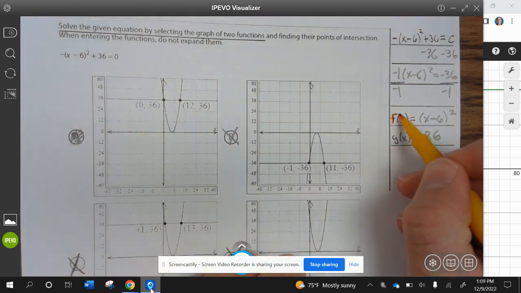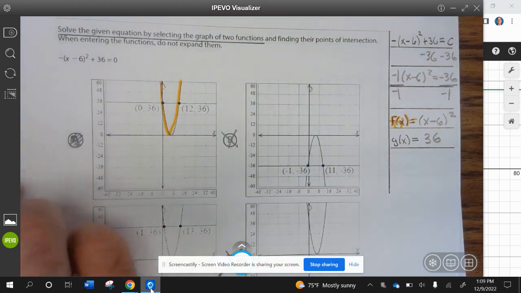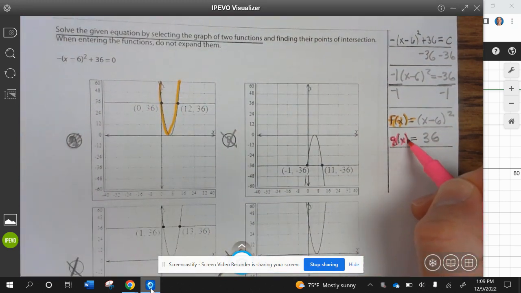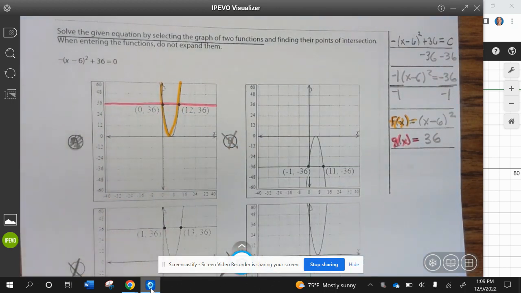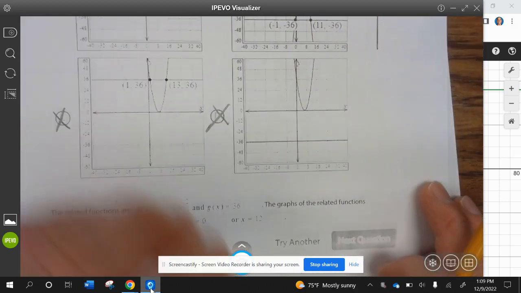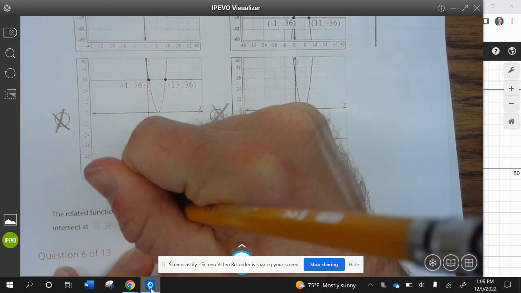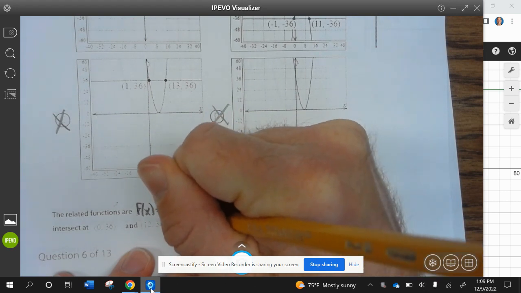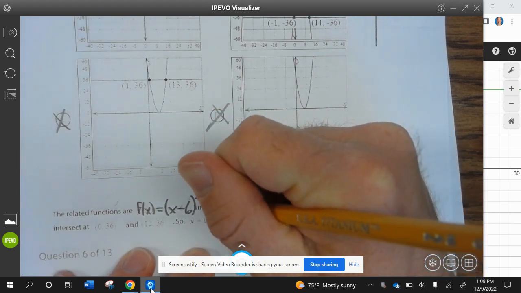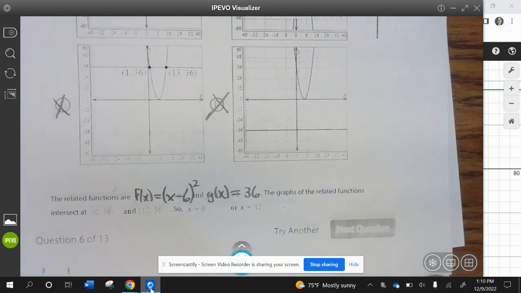So we have f of x right here, and g of x right here. All right, the related functions are f of x equals (x minus 6) squared, and g of x equals 36.